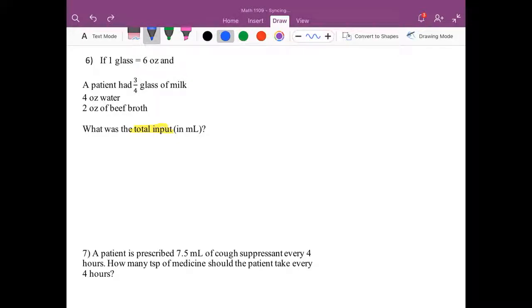So I have 1 glass is 6 ounces, 3/4 glass is how many ounces? So I'm going to do some cross multiplying here, and I get X equals 4.5 ounces.